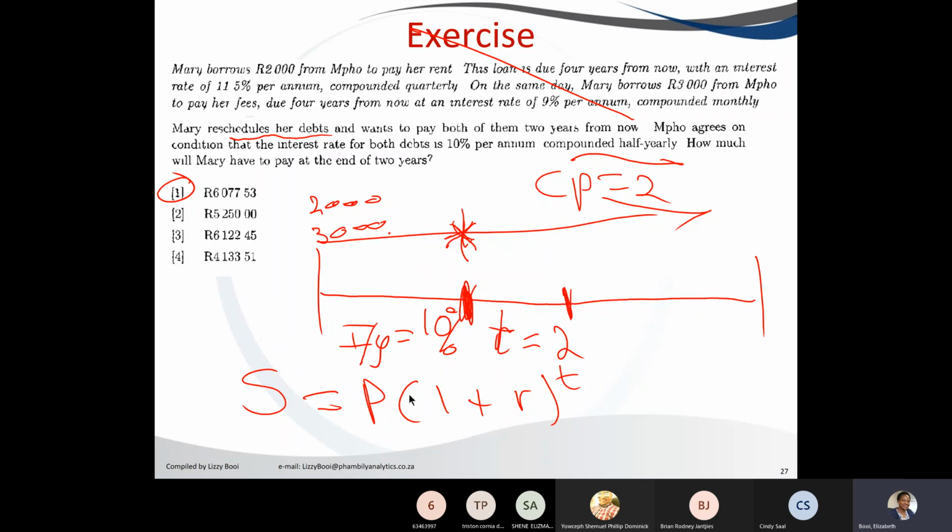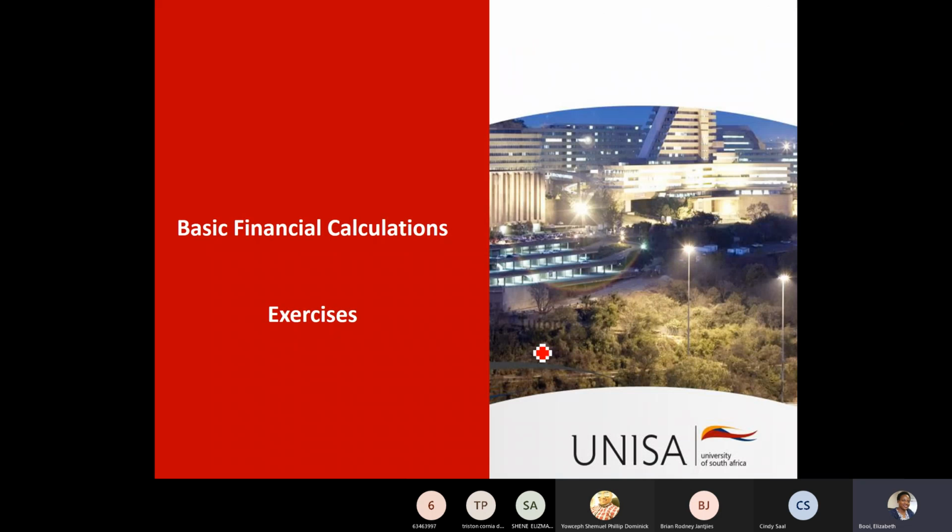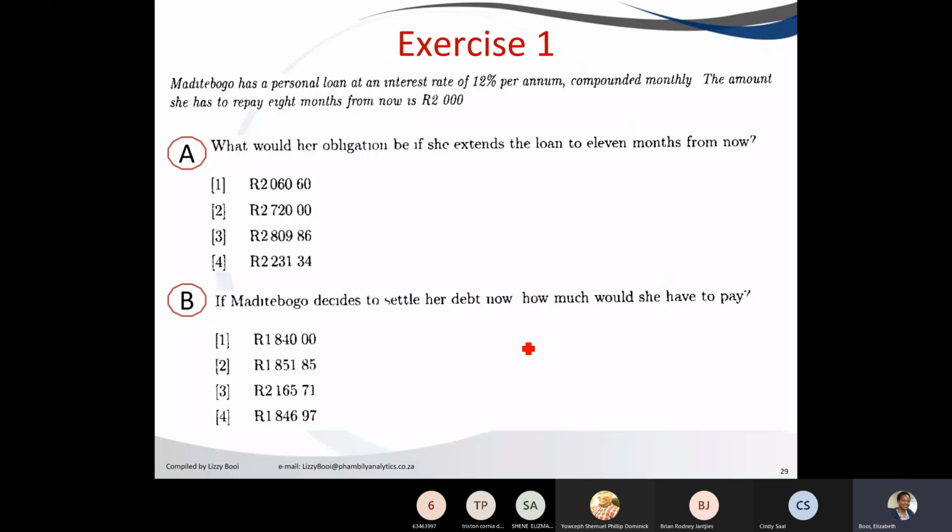Let's see some of the questions that you might get in the exam that look like this.